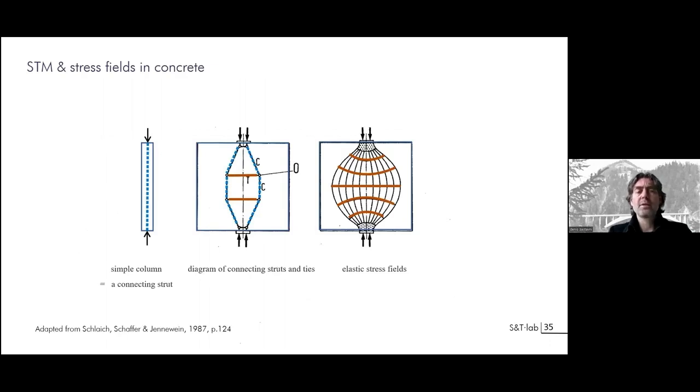Just for presenting strut-and-tie modeling, if you have a simple column, you will just have a strut running through it, in blue. But as soon as you have a shear wall, you will see a kind of spreading of forces, a bulging of forces, which you see as a stress field, this is an elastic stress field. You will see a tension trajectory appearing perpendicular to the compression forces.